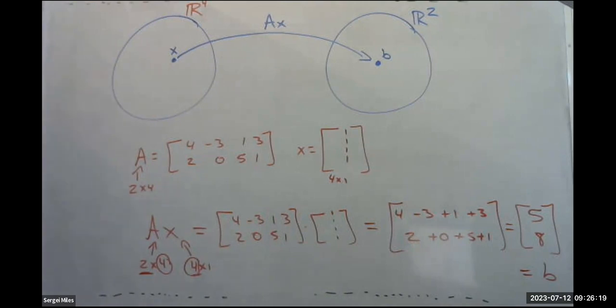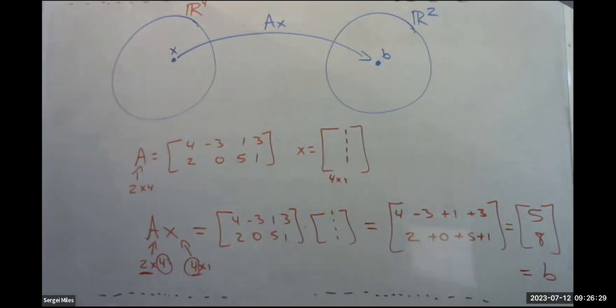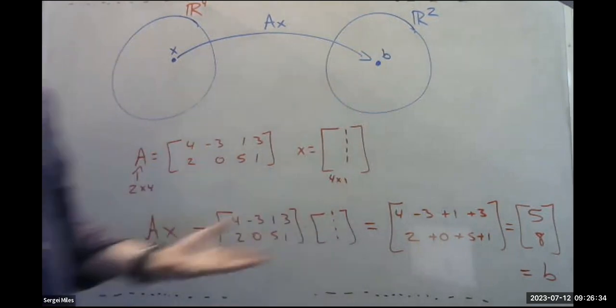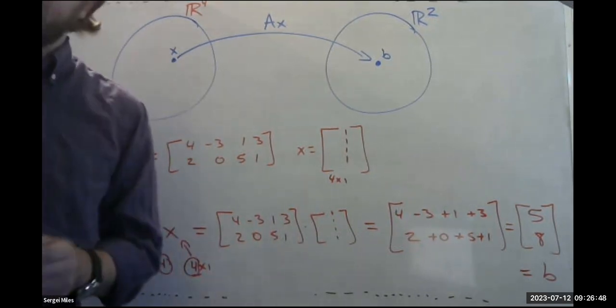So why are we interested in this kind of example? This seems kind of strange, right? We're going from one space where my vectors have 4 entries, and I'm somehow changing that vector into a new vector, which is now in R2. All right, so what's going on here? Part of the idea is, in computer science, there's this idea of file compression. What is file compression?